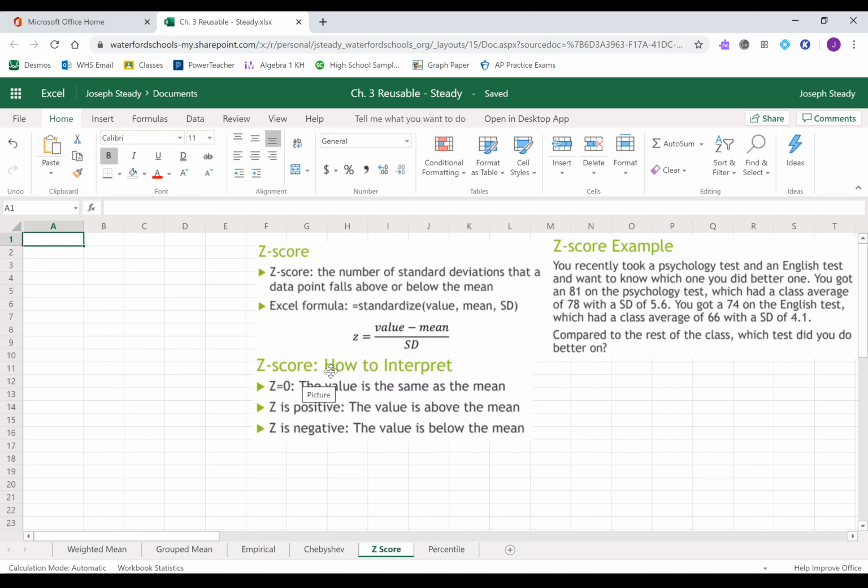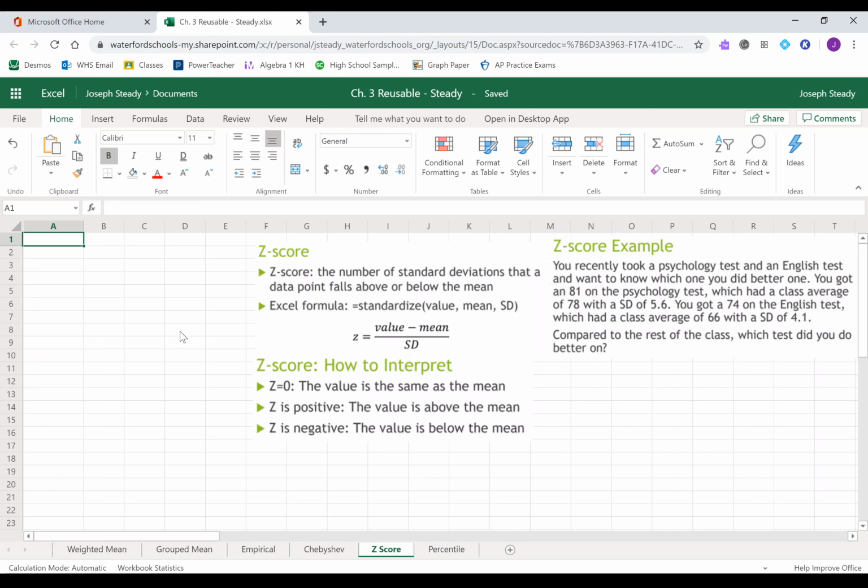The first stat we're going to look at that measures position like this is z-score. Z-score specifically tells you how far above or below average a specific data point was. A little more specifically, z-score tells us how many standard deviations above or below average a data point was.